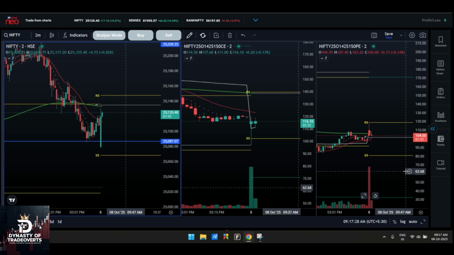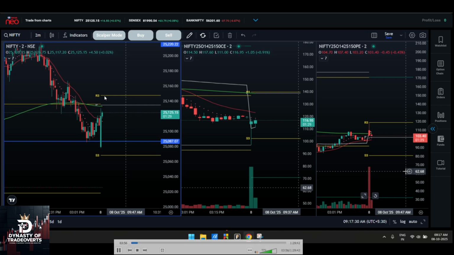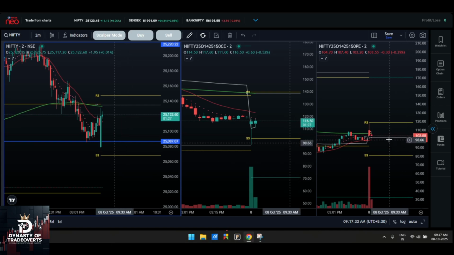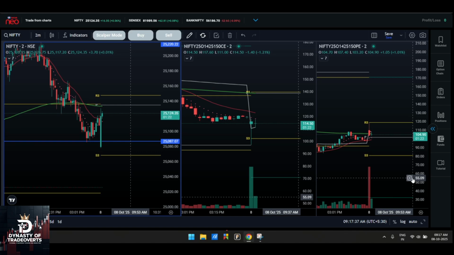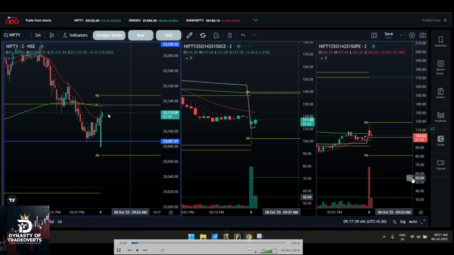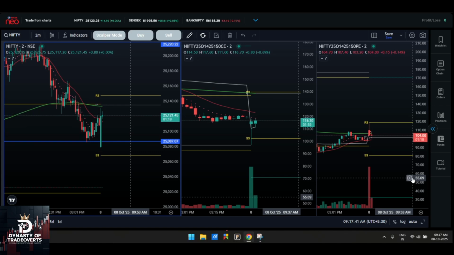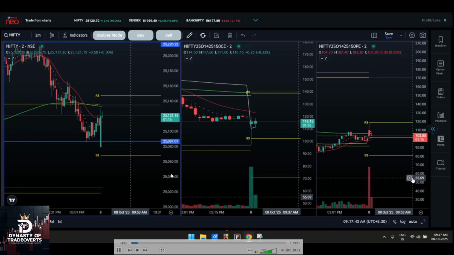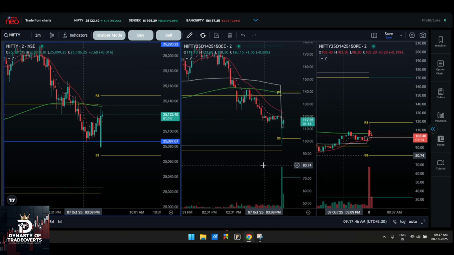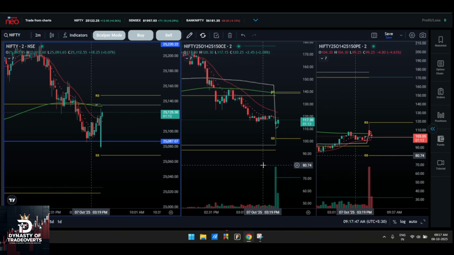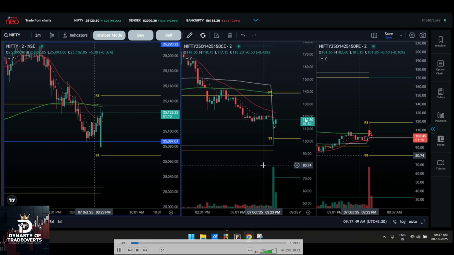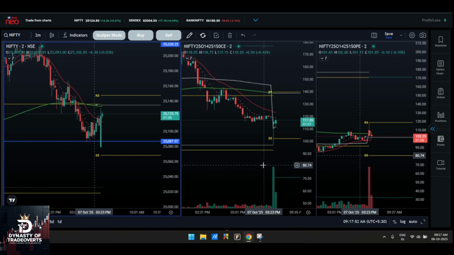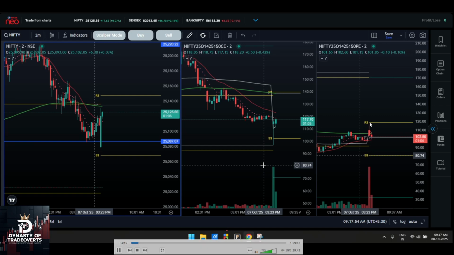The concept is if Nifty moves to R3, then there could be a retracement. At that time we can try to take a PE trade to capture that retracement. That is something I'm trying to capture today. So I'm checking the PE price. It has taken a rejection from its R3 level.